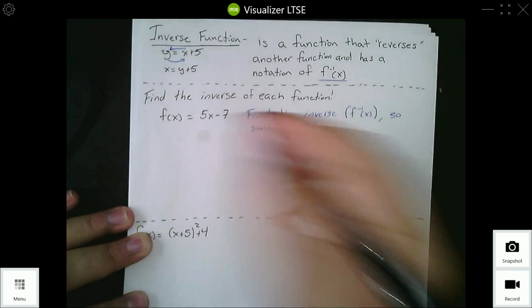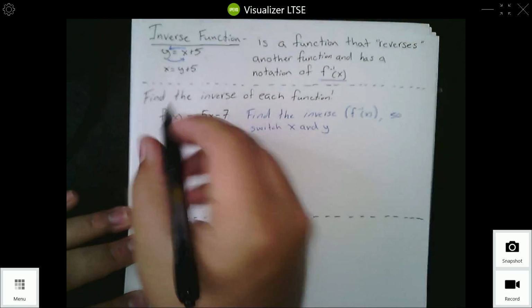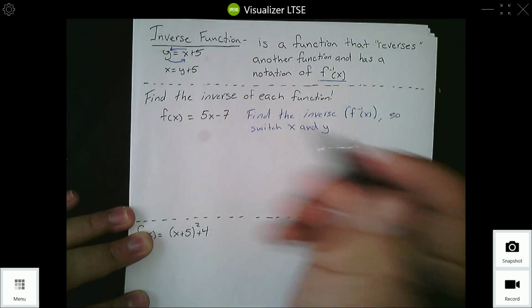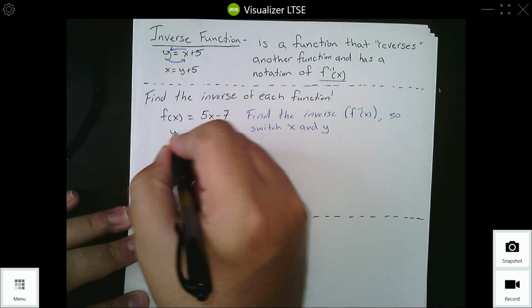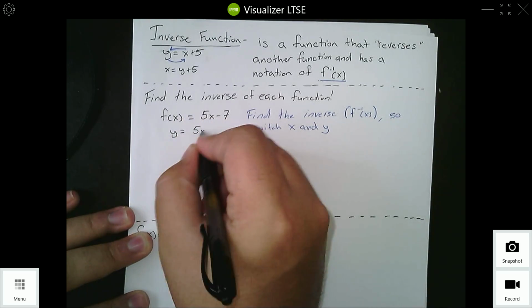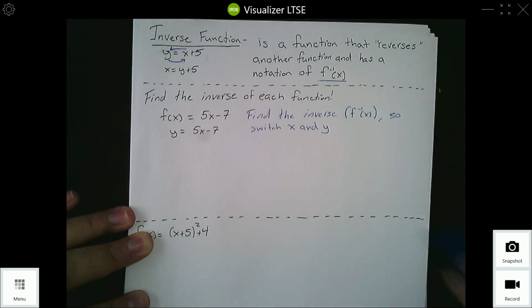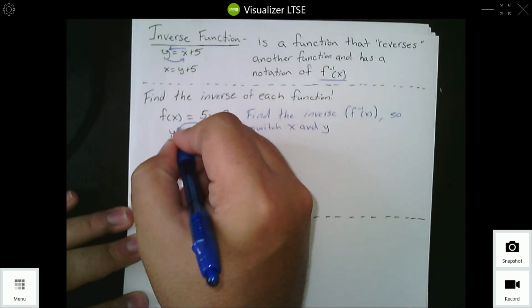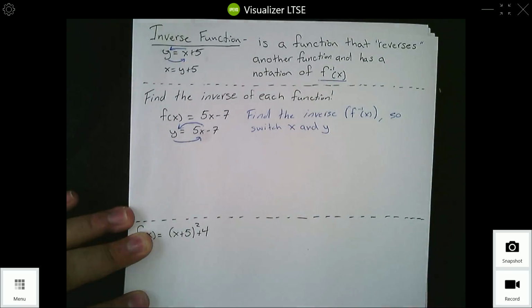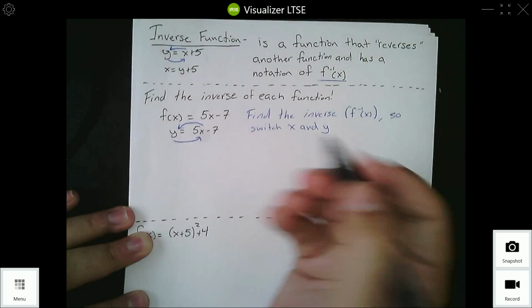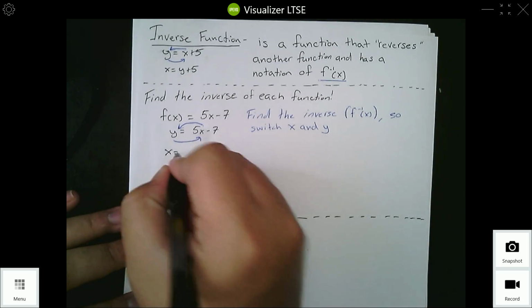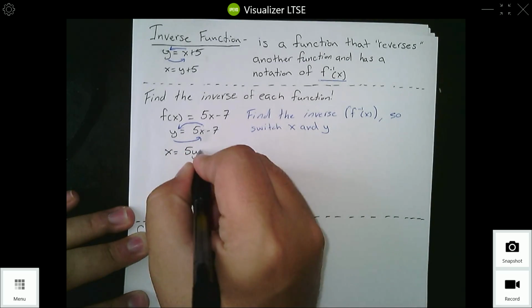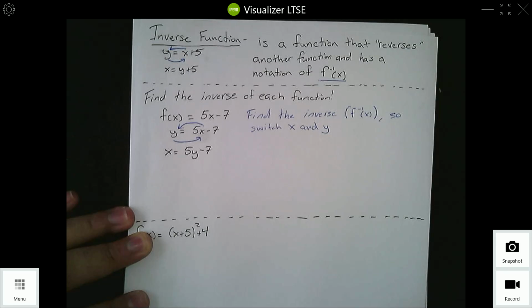When I rewrite it, I know it says f of x, but remember f of x simply means y. So y is equal to 5x minus 7. And now we just need to switch. So I'm going to take this and put it there, and take that one and put it there. So now my new equation should be x is equal to 5y minus 7.